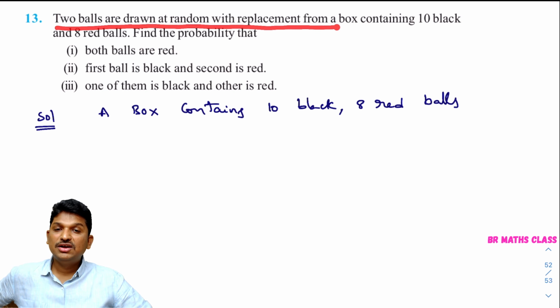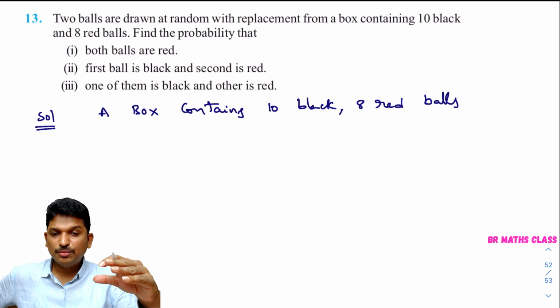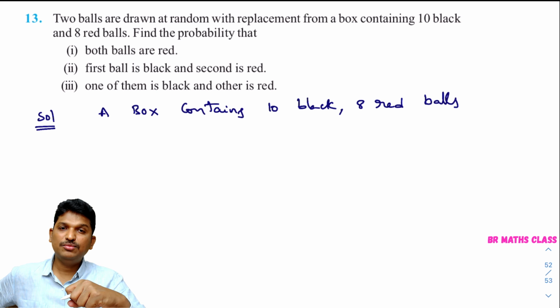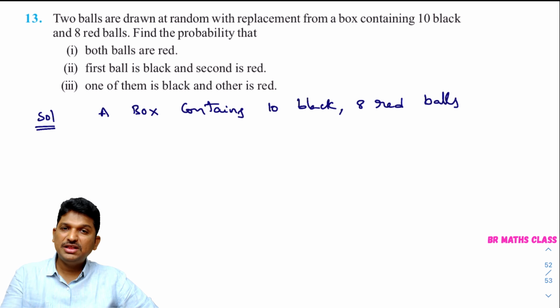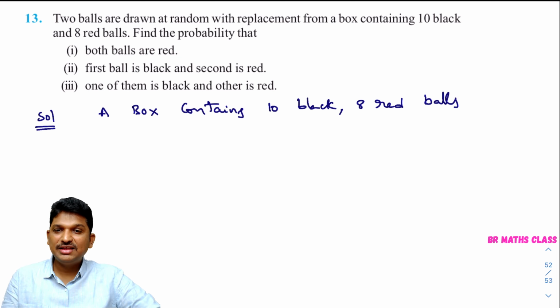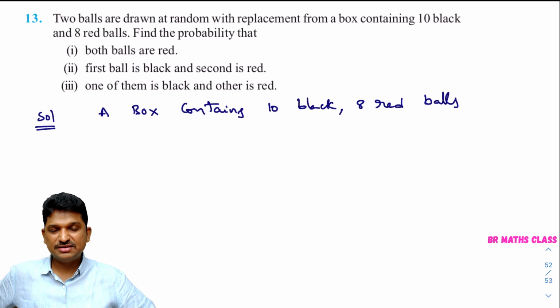Okay, drawing a ball from a box the first time and drawing a ball from the box the second time at random are independent events. Randomly you are drawing. Suppose you pick a ball the first time and it came black. With replacement, when you pick the ball the second time, it does not depend on the first. I am trying to say that they are independent events.